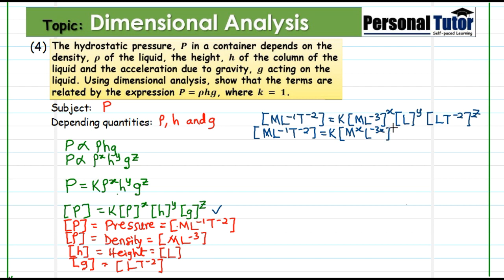Take notice, for us this one will be L^Y. And the last one, the Z goes for both the L and the T, so L^Z, T^-2Z. Good.